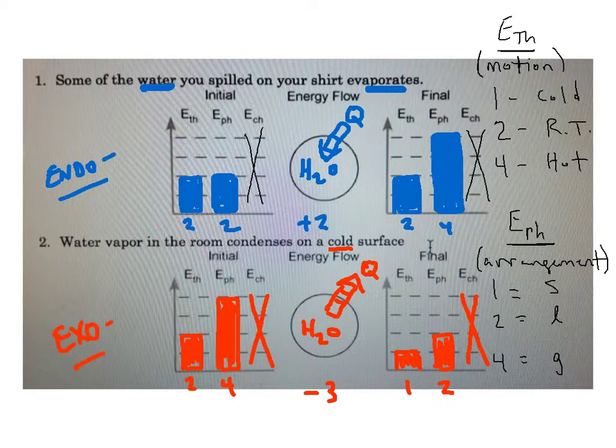So hopefully this helps and acts as a good review. But to highlight the main parts, we need to be able to remember the number of bars that we're supposed to use for our thermal and phase energy accounts. We should be consistent with the number of bars. We should label the system. We should label the amount of energy for each account on both sides.